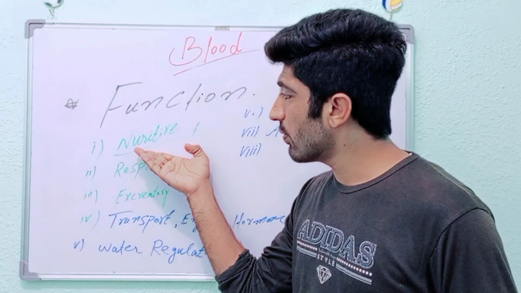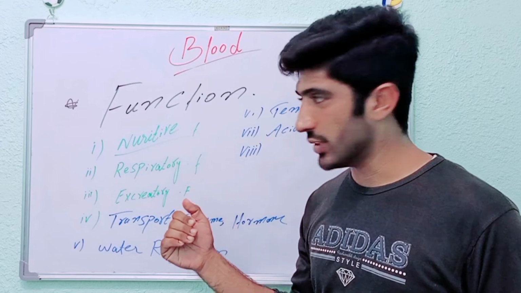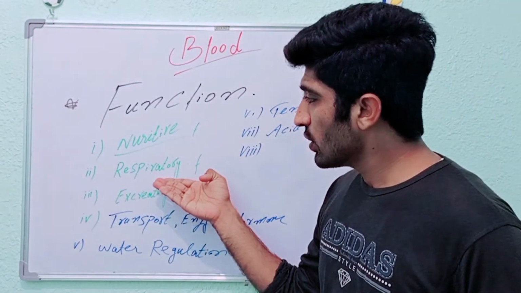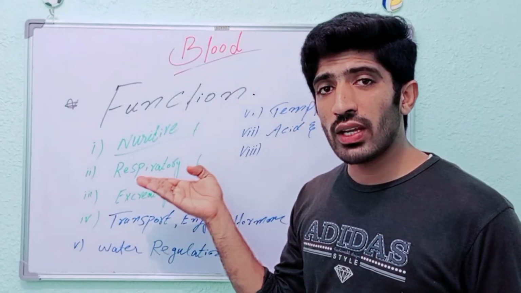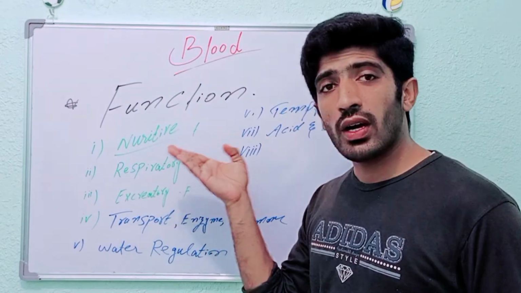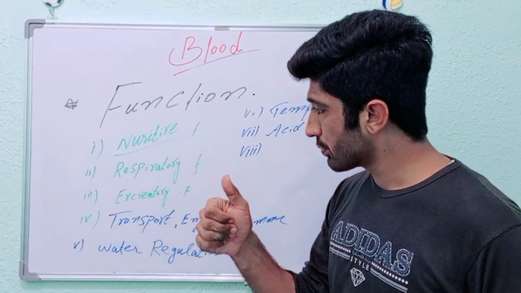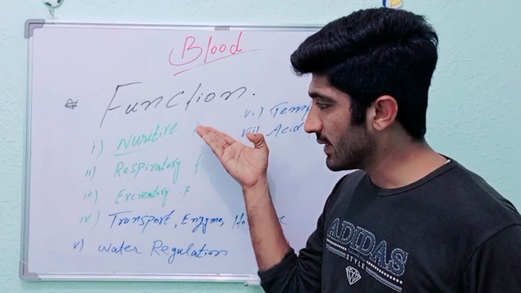All of these go to the tissues and cells of our body. The second is the respiratory function. Blood carries oxygen from the alveoli of the lungs to all parts of our body, tissues and cells. This is the second function of blood.